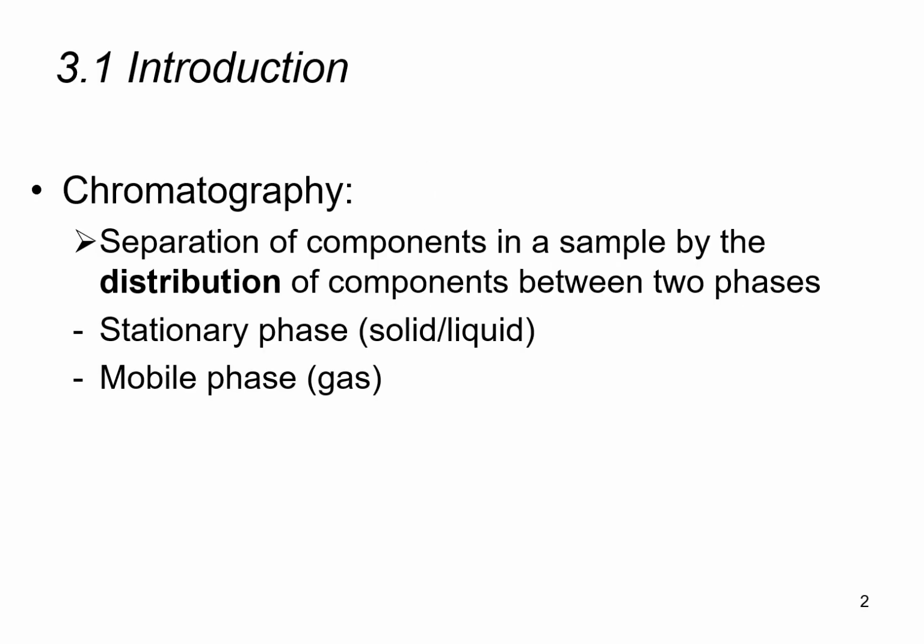Now chromatography is defined as the separation of components in a sample mixture whereby each of these components distributes differently between two phases. Now this sounds a little bit complex, but I'll explain as the slide progresses. So these two phases in chromatography, typically we call the stationary phase and the mobile phase.